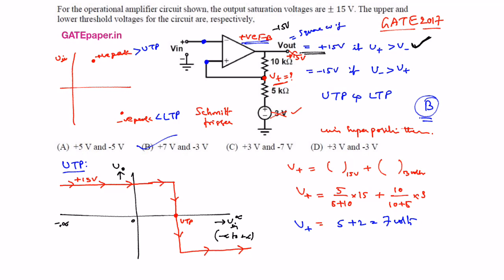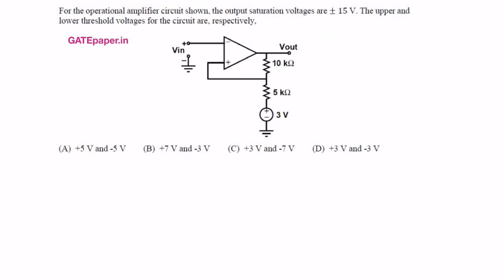Now we will see how to calculate LTP, the lower threshold point. It is the input voltage at which the output voltage makes a transition from minus VCC to plus VCC when the input voltage is moving in the reverse direction.